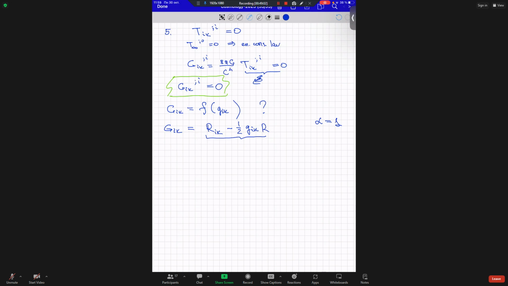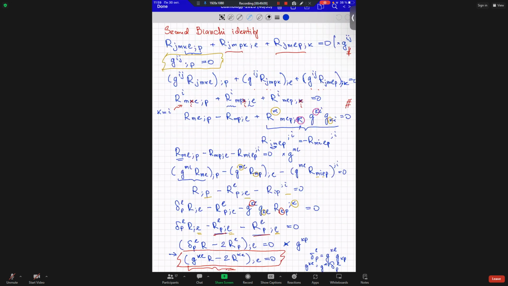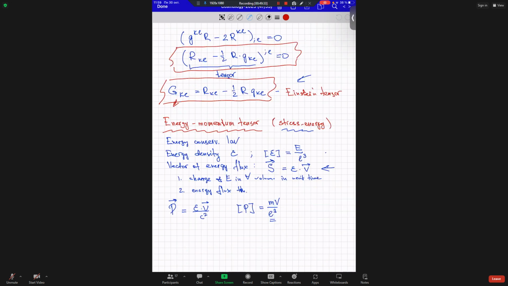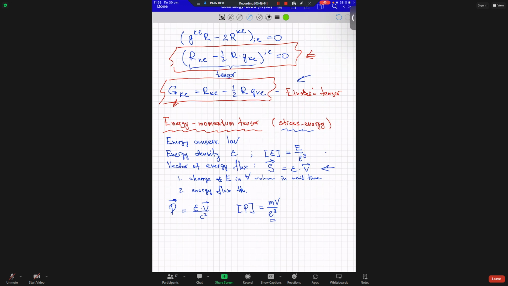Because, if we jump back to some previous lectures, we obtained a very important expression, which we call the second Bianchi identity, or differential Bianchi identity. We really can see now that this is exactly what we need.